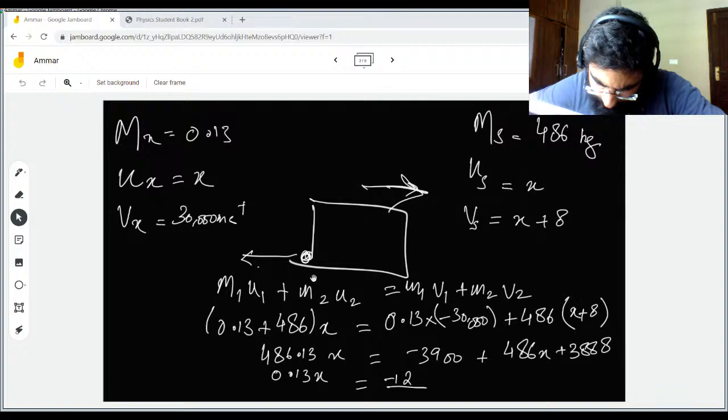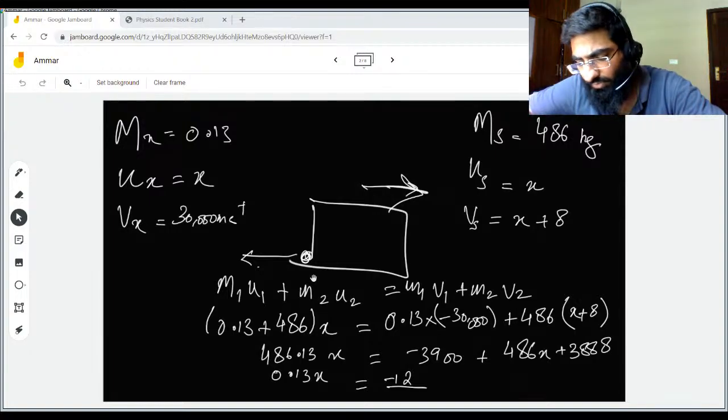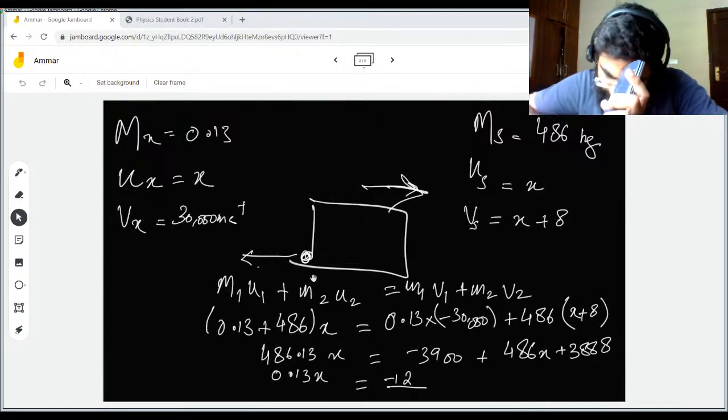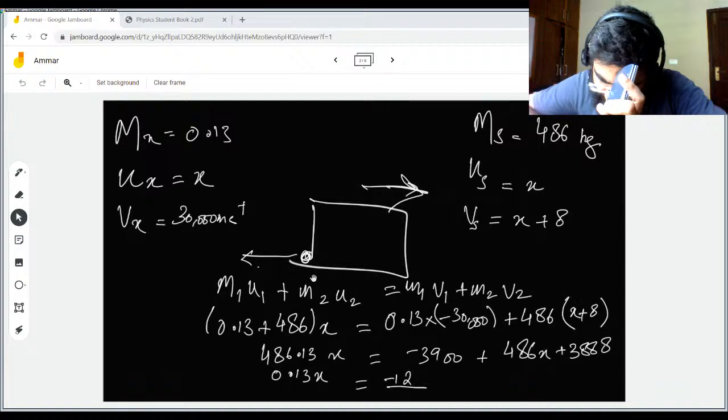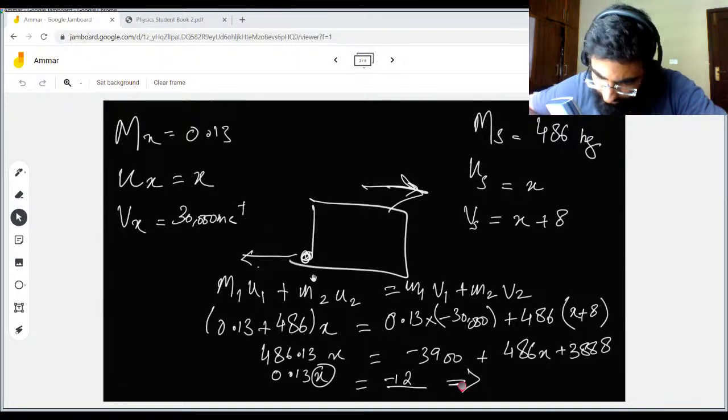Oh, you have the calculator. 12 divided by 0.13 is 92 meters per second. But this gives me the value of x. I mean, x comes out as 92 meters per second.